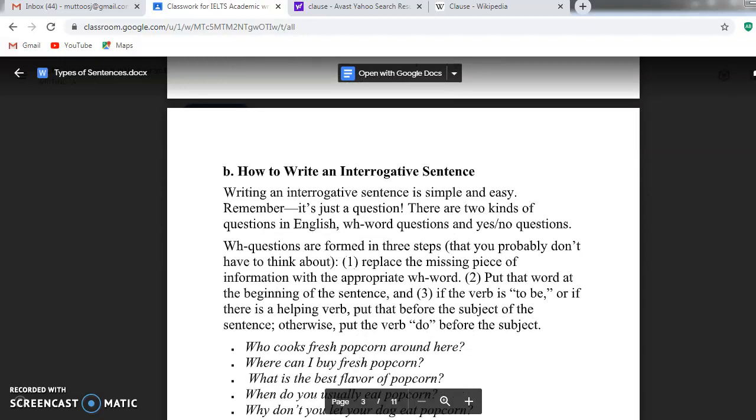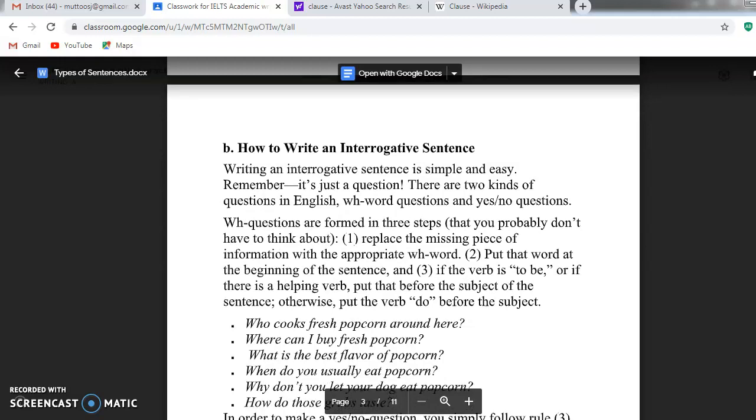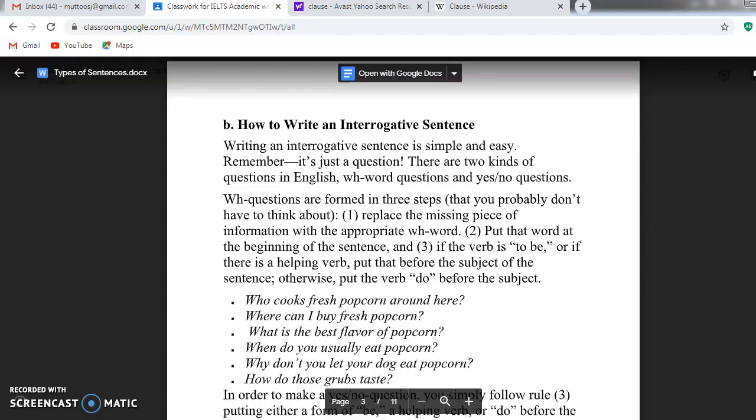There are 2 types of questions in English: WH questions (why, where, what, when, how) and yes or no questions. So with the WH word questions and yes or no questions, we form the interrogative sentence.